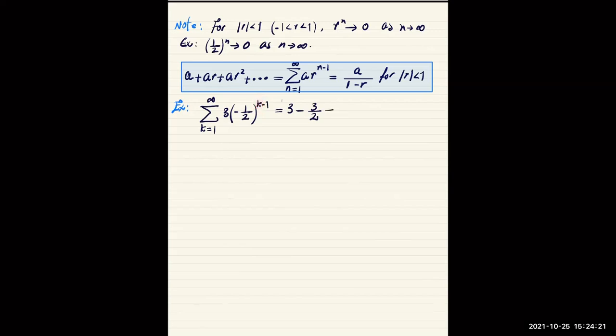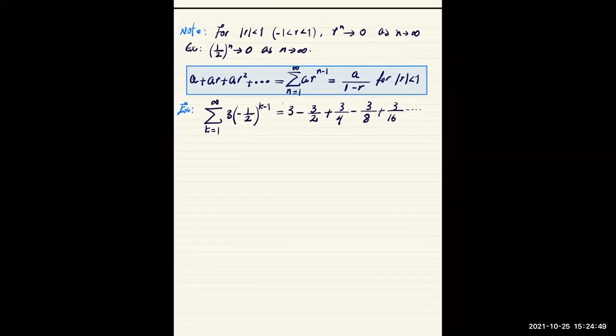And negative to the power of 2 is positive, so we get 3 over 4. Okay, next term is going to be negative 3 over 8. Next will be 3 over 16, and so on. Okay, so as you see, every term is negative 1/2 times the last term. The series is, of course, geometric.